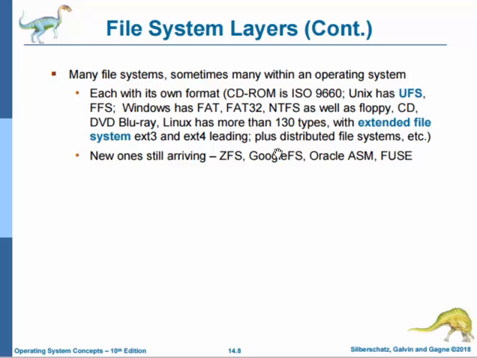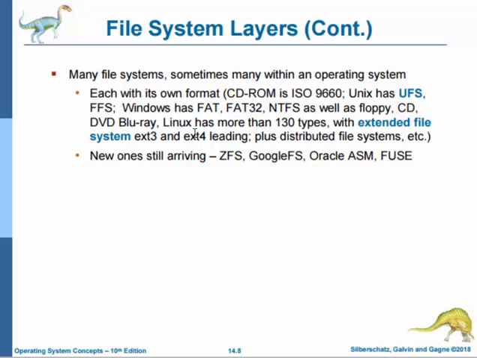Unix uses the Unix file system, or UFS, which is based on the Berkeley Fast File System, or FFS. Windows supports file system formats of FAT, or file allocation table, FAT32, and NTFS, or Windows NT file system, as well as CD-ROM and DVD file system formats.